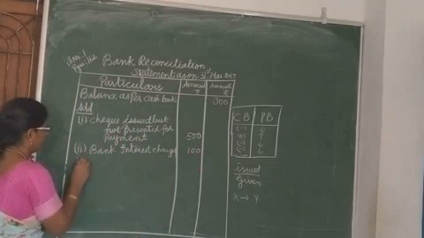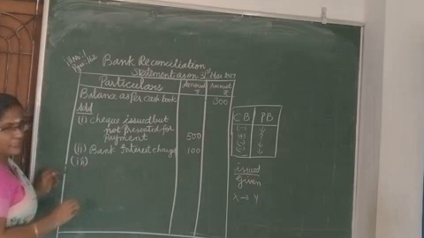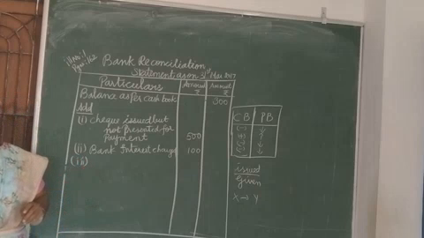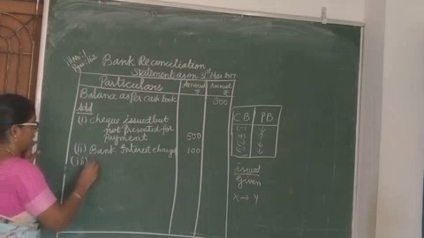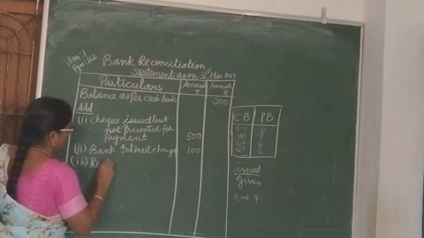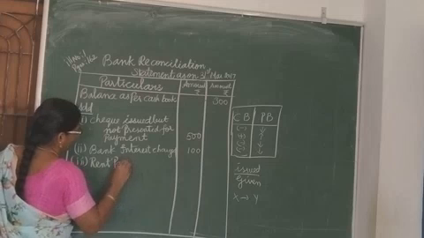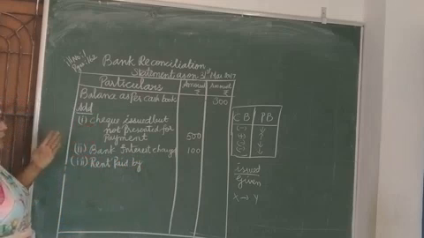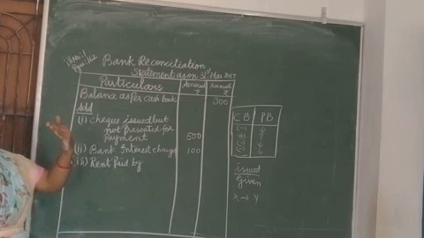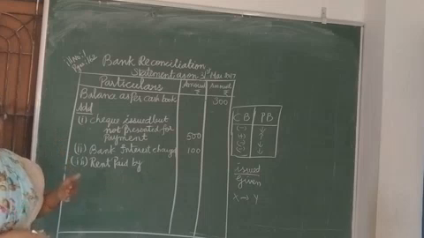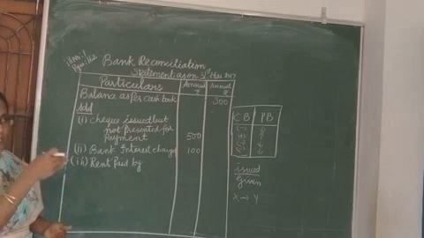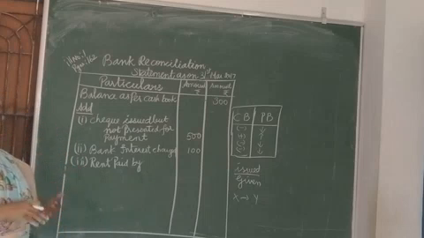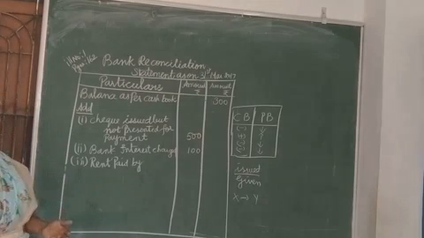Then the third one. What is the entry? Rent paid by bank as per standing instruction. Miss, why can't we write first this one, next this one? In the same order in which the problem is given you can write, then only you will not omit any entry.